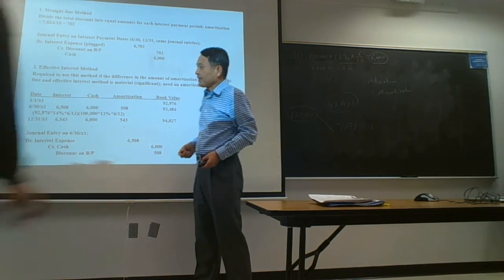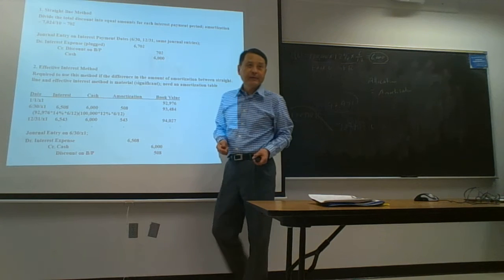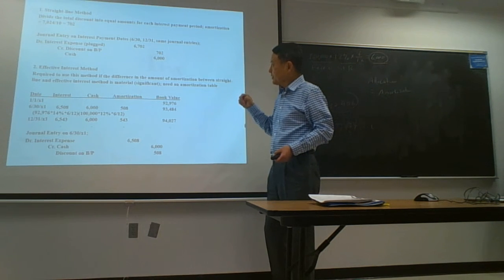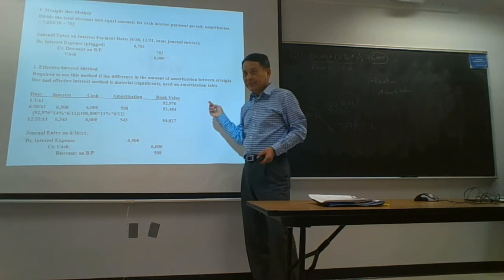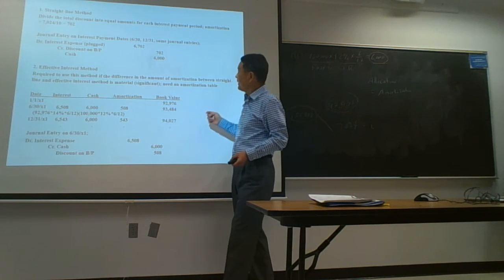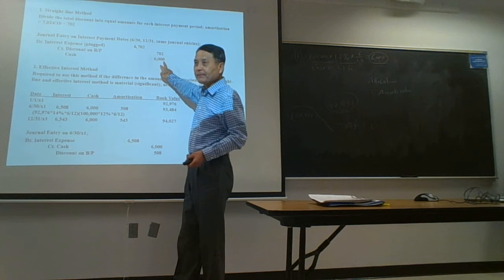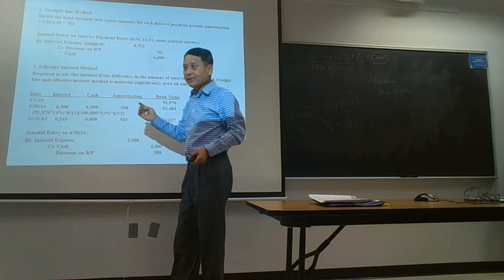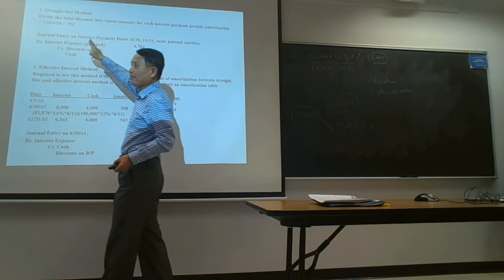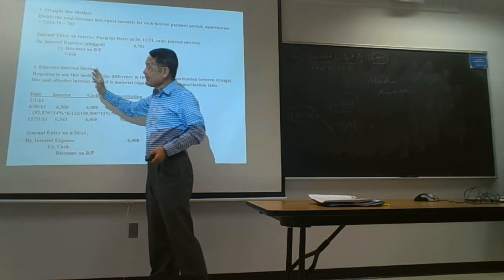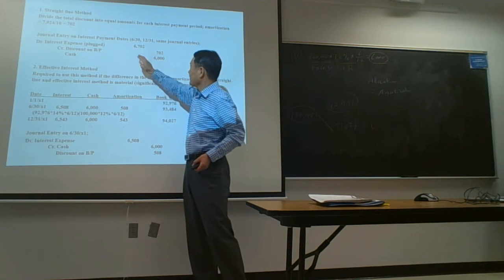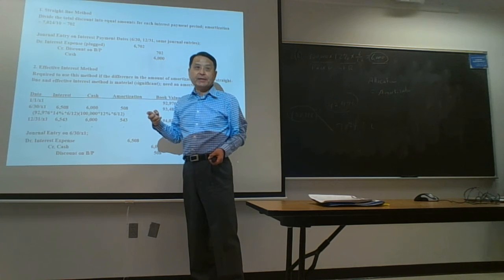So every 6 months, on the straight line, this company would have to pay 6,000 cash, and every 6 months this company amortizes 702. So every 6 months, this company would record 6,702 interest expense.